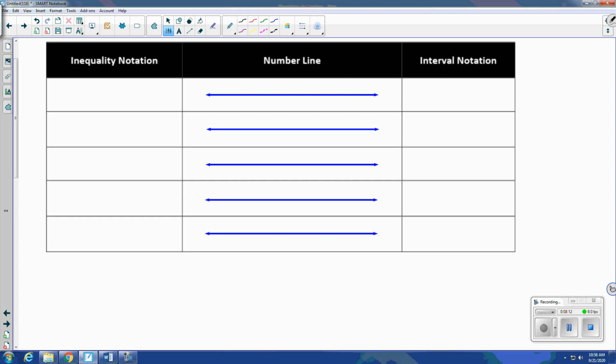So we could have X is greater than A. We could have X is greater than or equal to A. We could have X is less than A, X is less than or equal to A, or we could just have X be any number. In this case, there is no inequality notation for this, so we're just going to say it's all real numbers.